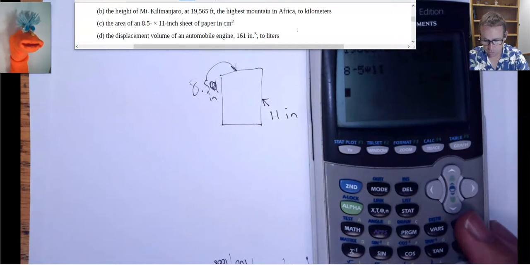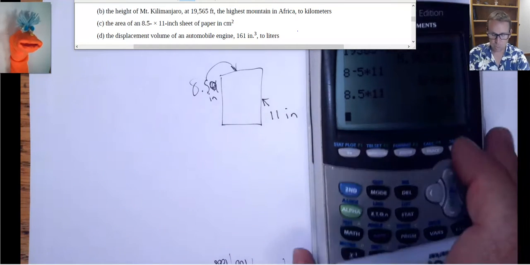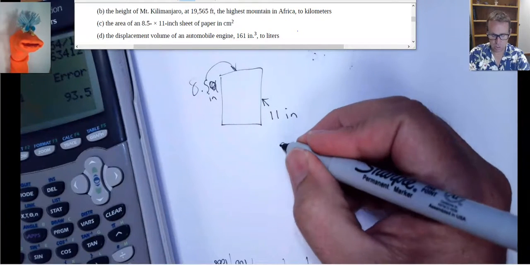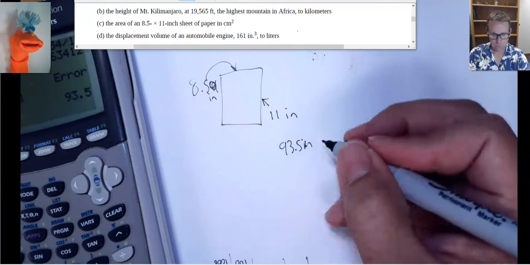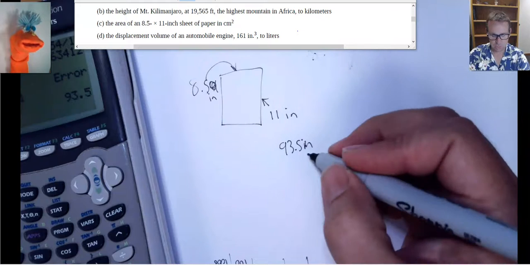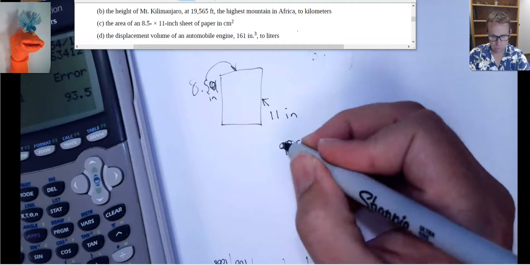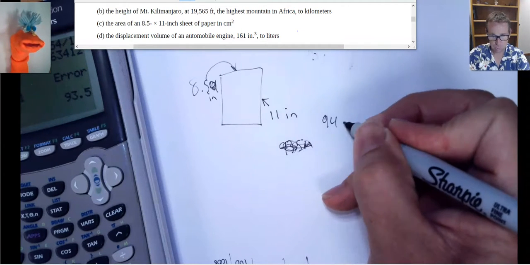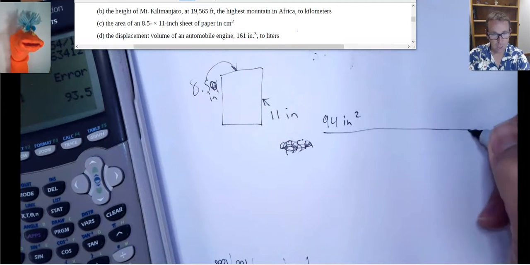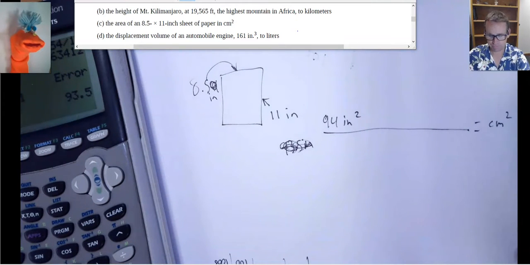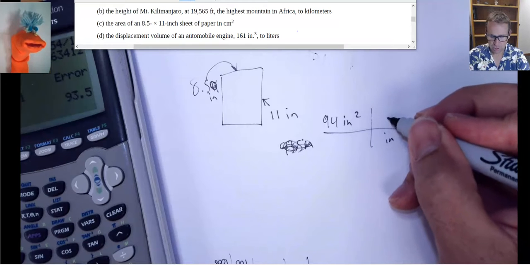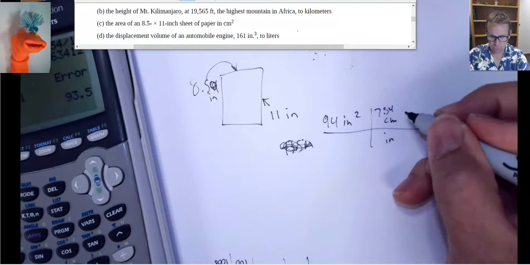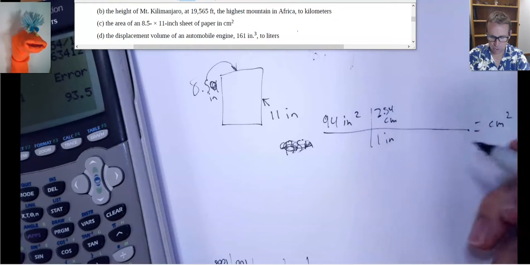That's 93.5 inches squared. All right. With 2 significant digits, 94. And I want to go to centimeters squared. Inches to centimeters, 2.54 centimeters for every inch.